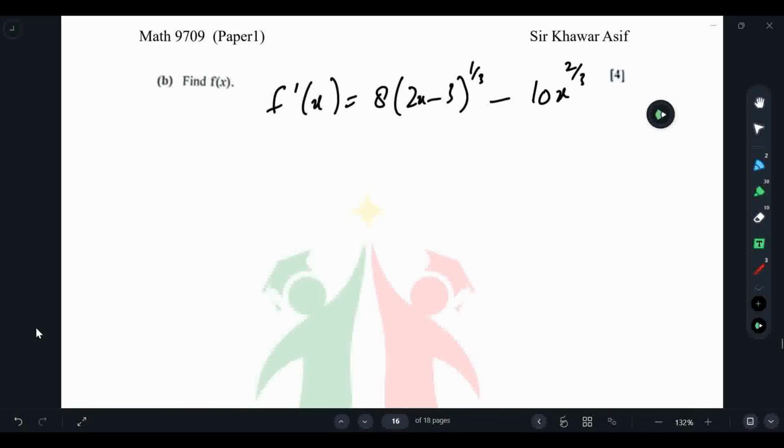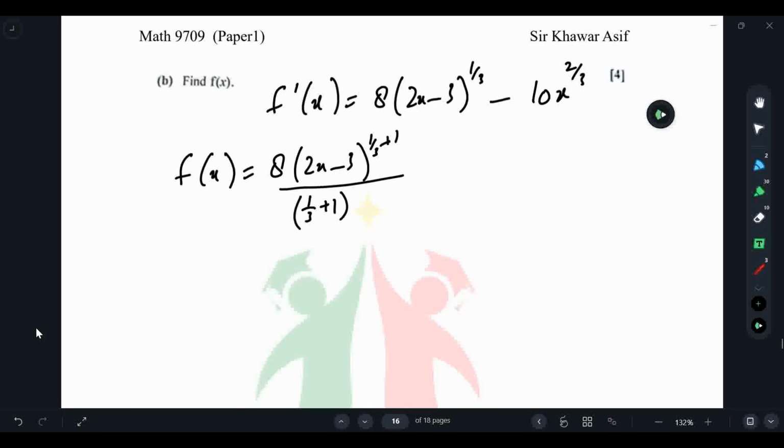Now if we integrate it, this will be equals to 8 into 2x minus 3 whole power 1 by 3 plus 1 divided by 1 by 3 plus 1 into 2 minus 10 into x power 2 by 3 plus 1 divided by 2 by 3 plus 1 plus c.